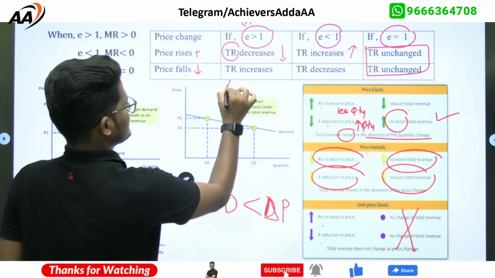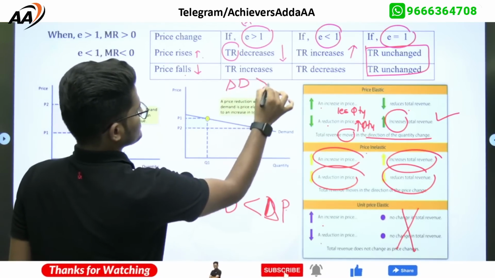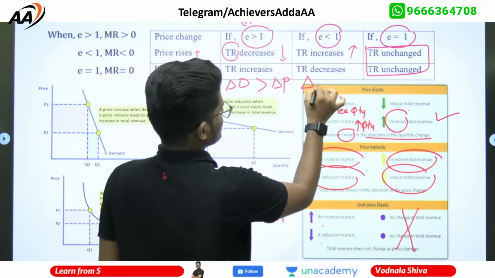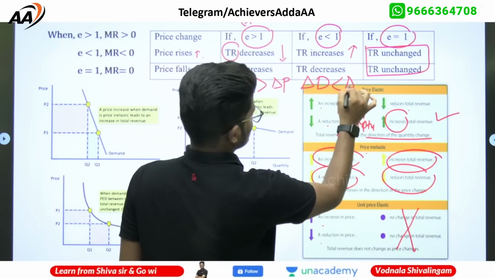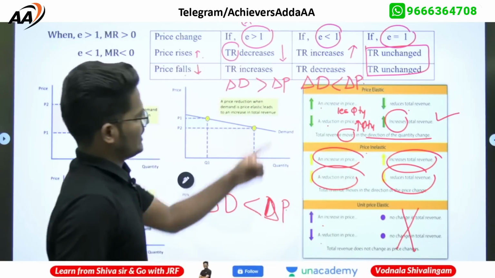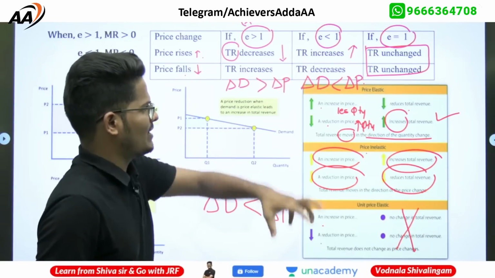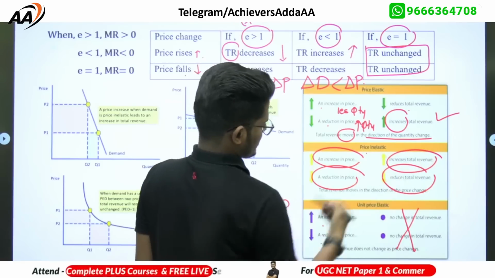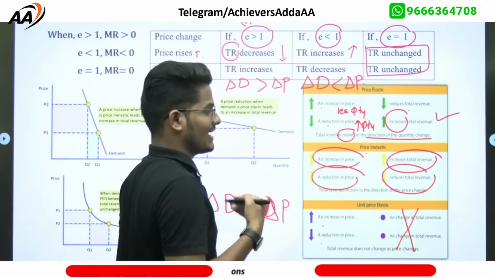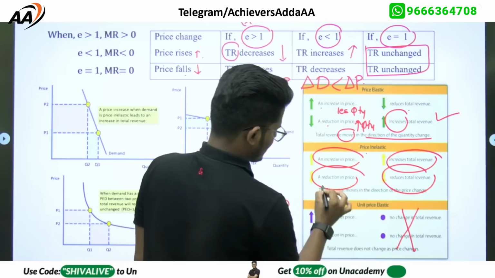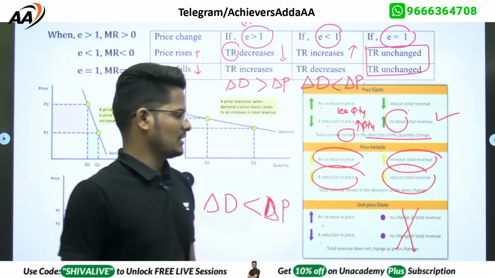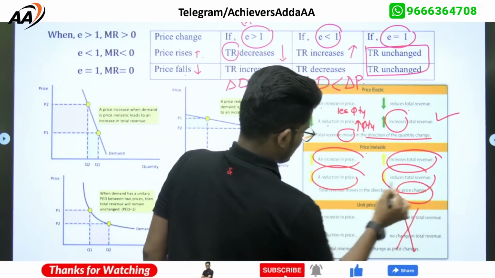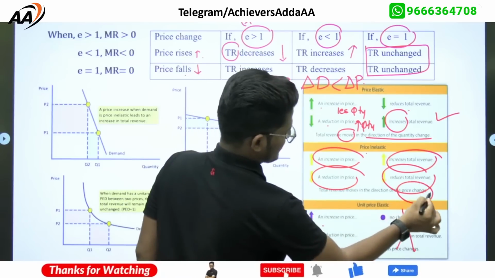The first situation is that the proportionate change in demand is more than the proportionate change in price. The second situation is that the proportionate change in demand is less than the proportionate change in price. So in this case, whenever the price increases, total revenue will increase because demand is not reacting much to the price. A reduction in price leads to a reduction in total revenue. Here the total revenue direction is due to the price change.